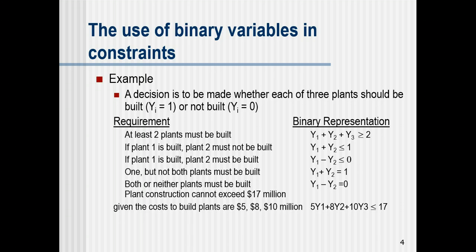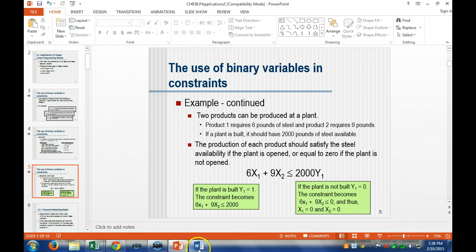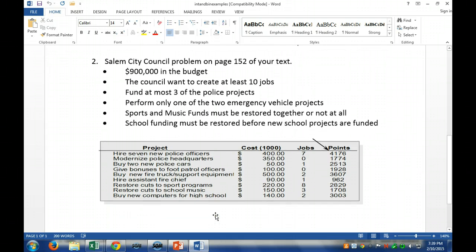The one I'd like to do, okay, it's a big one, but it has all of these constraints in it, and I think it's worth our time to go through together. It's in your book, on page 152 and 153, and I also have it up here. I'll give you a little bit of time to digest it.